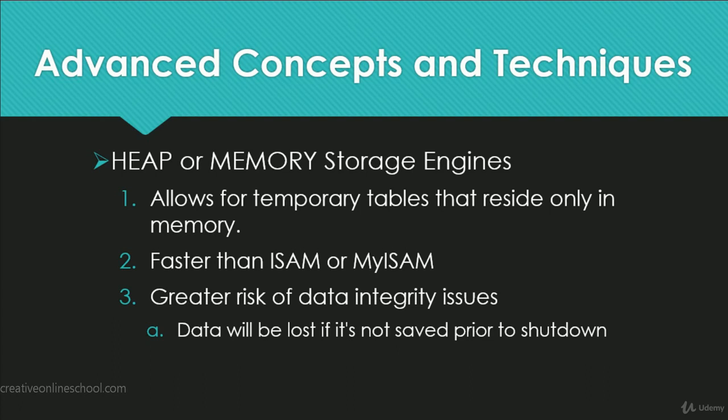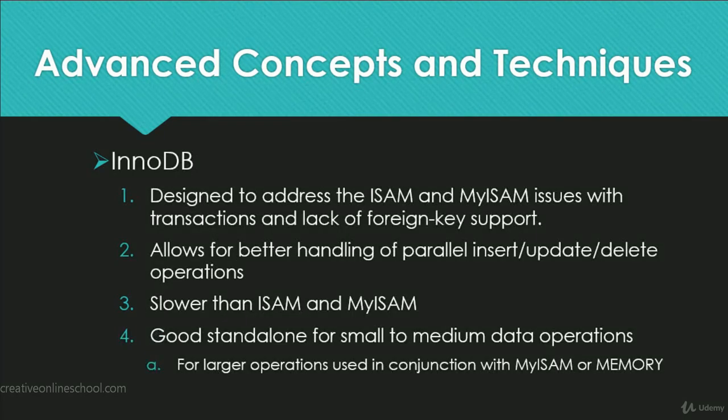The last storage engine I'm going to talk about, and the one you may remember us selecting earlier in our databases, is called InnoDB. It was designed to address the XAMPP and MyXAMPP issues with their transactions and their lack of foreign key support. This allows for better handling of parallel insert updates and deletes, so they're not likely to interfere with each other.